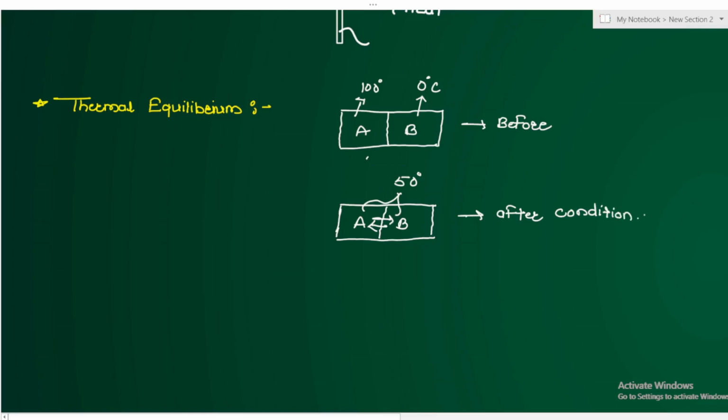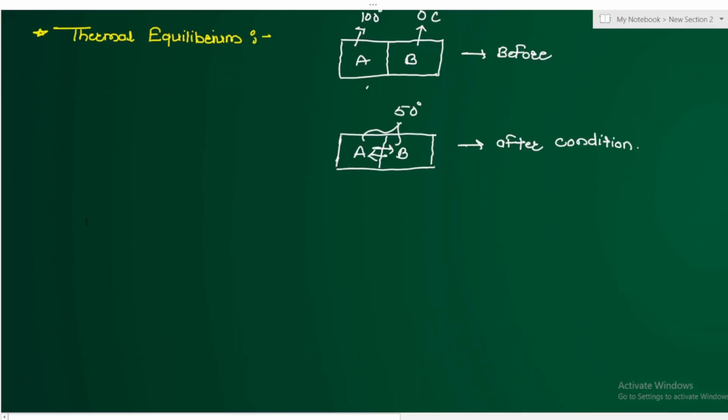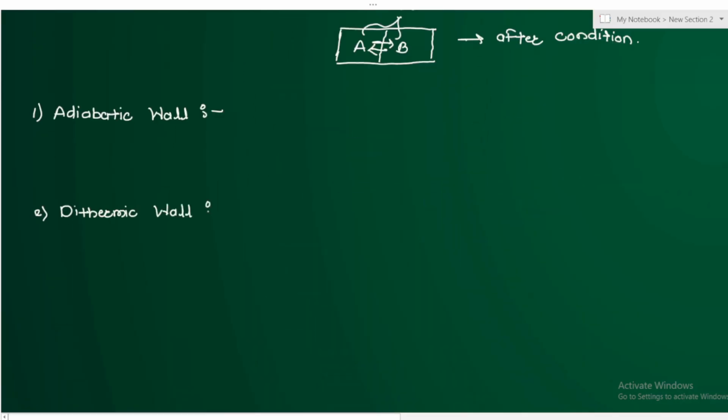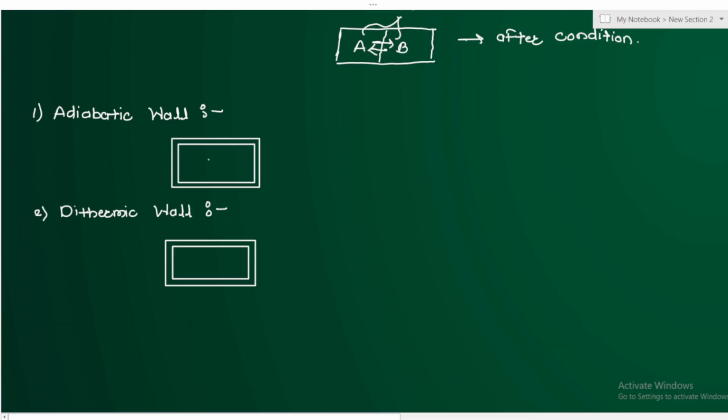Okay. Now in this thermal equilibrium, we have to study what is adiabatic wall and what is diathermic wall. So now see what is adiabatic wall. We will take the same system. So now see, A and B are the two systems which are separated by adiabatic wall.